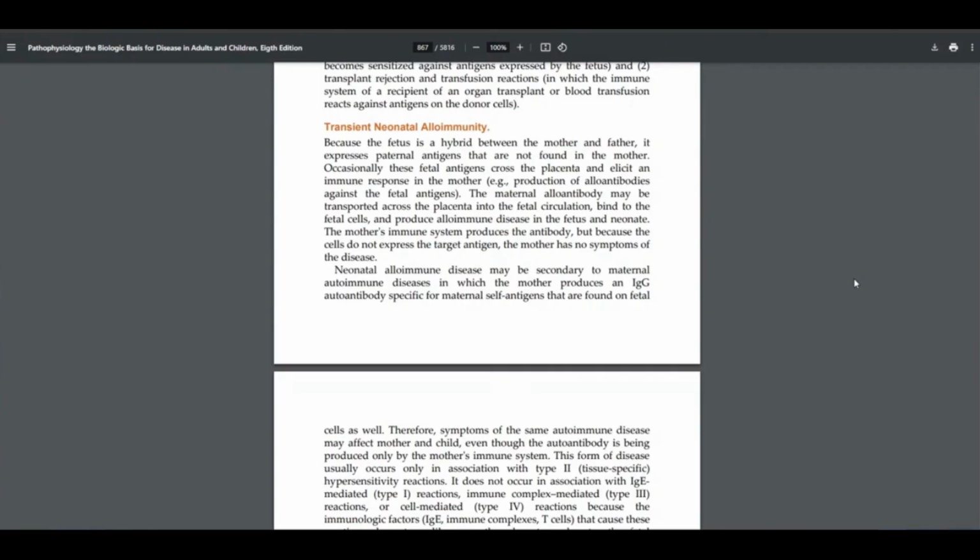The production of alloantibodies against the fetal antigens, the maternal alloantibody may be transported across the placenta into the fetal circulation, bind to the fetal cells, and produce alloimmune disease in the fetus and neonate. The mother's immune system produces the antibody, but because her cells do not express the target antigen, the mother has no symptoms of the disease.